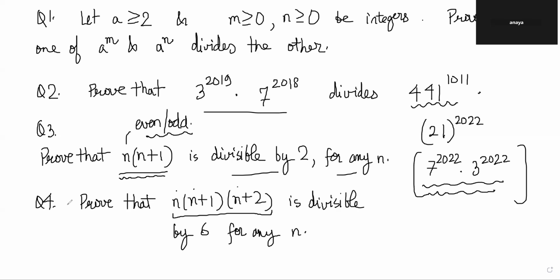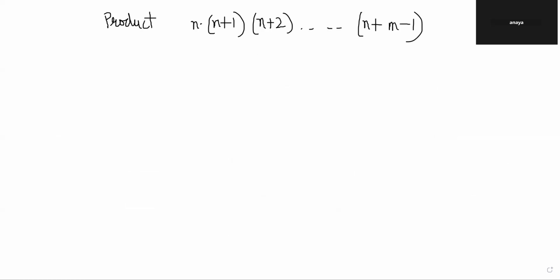Yeah. So in general, what you can say is that the product n, n plus 1, n plus 2, and so on till n plus m minus 1, is basically the product of m consecutive integers, right?